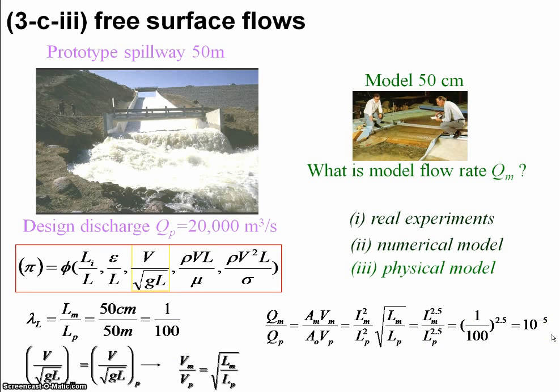So in other words, if we can find QM by this relationship, we will be able to get the prototype spillway discharge of 20,000 cubic meters per second. Most of the time people build models, get a relationship of a model flow rate, and then can even invertibly get the prototype information. That's how useful the model is that we learn in this class.